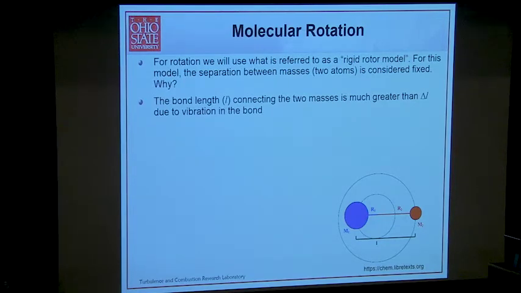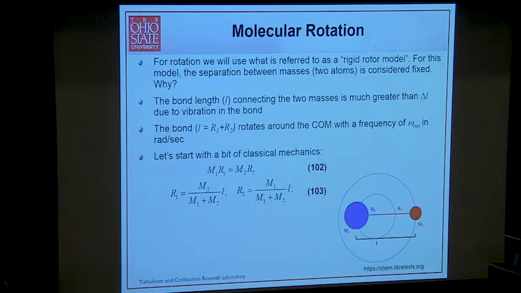So since the change in bond length is much less than the actual bond length, we can say for rotation purposes that the bond length remains fixed. If the bond length remains fixed, the analysis is much easier. The bond length is R1 plus R2, and it rotates around some center of mass with some angular frequency, omega rotation.